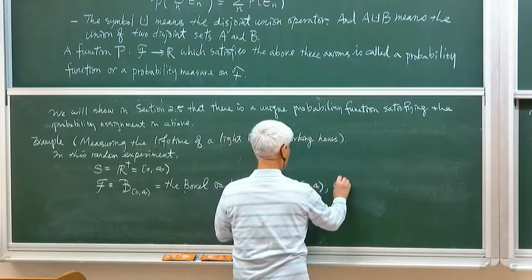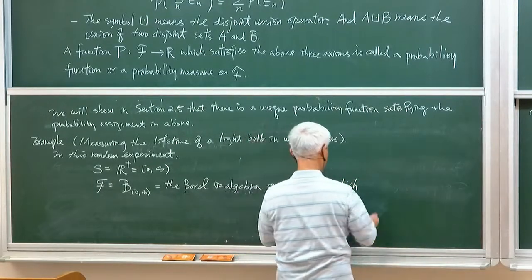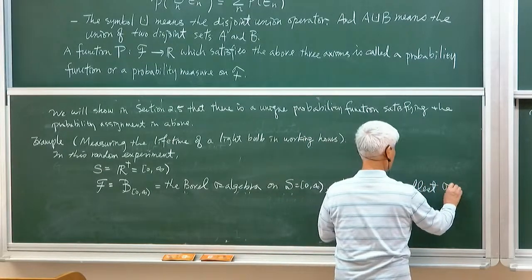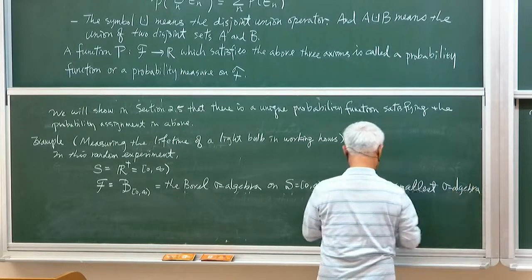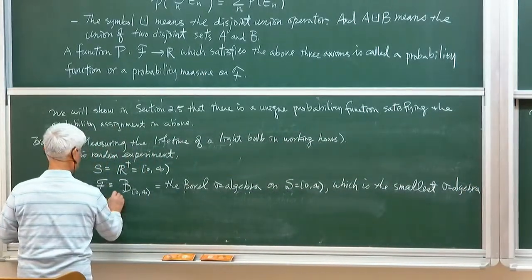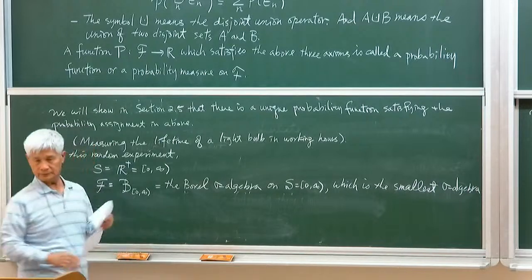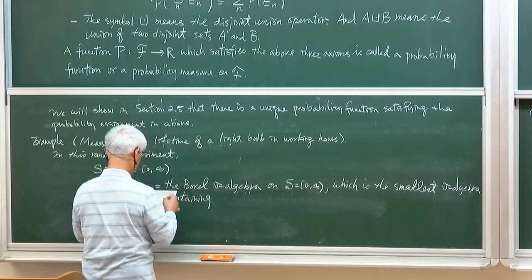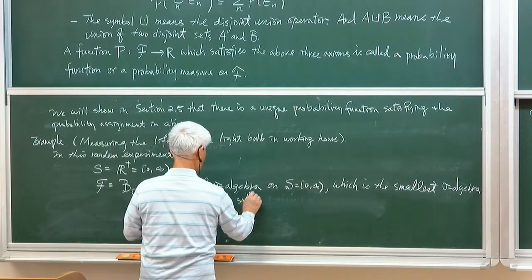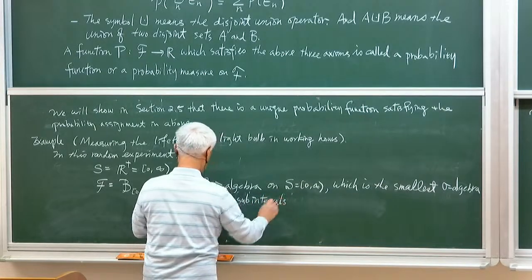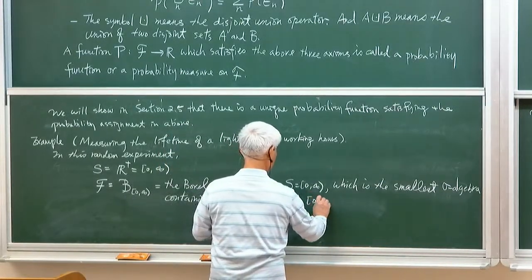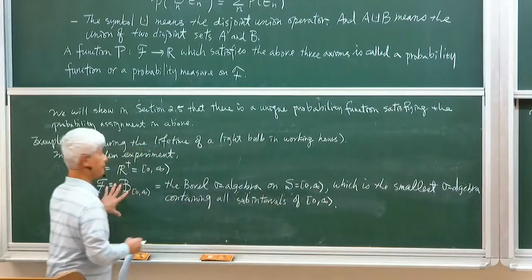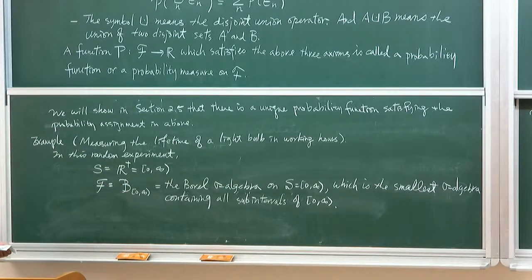We have defined the Borel sigma algebra, which is the smallest sigma algebra containing all subintervals of this infinite interval from 0 to infinity. So this is the sigma algebra we select, the Borel sigma algebra.